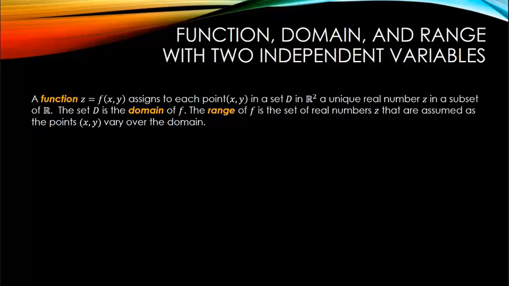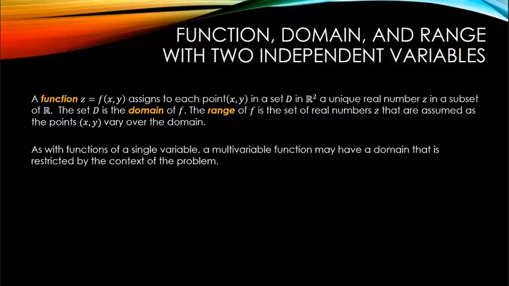The range of f is the set of real numbers z that z takes on as the points x, y vary over the domain. Just like my functions in a single variable, a multivariable function may have a domain that needs to be restricted by the context of my problem.